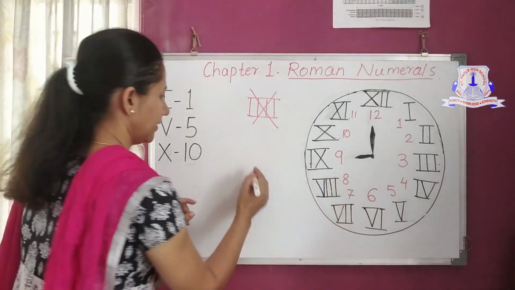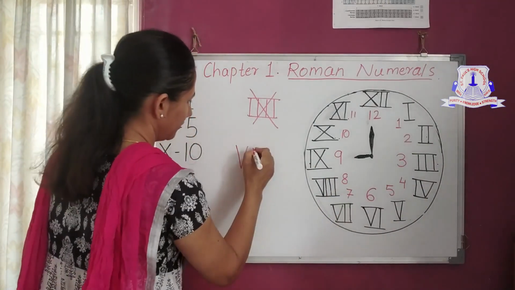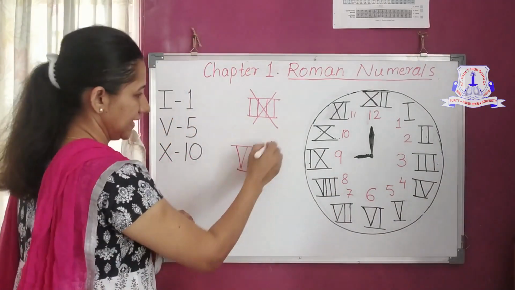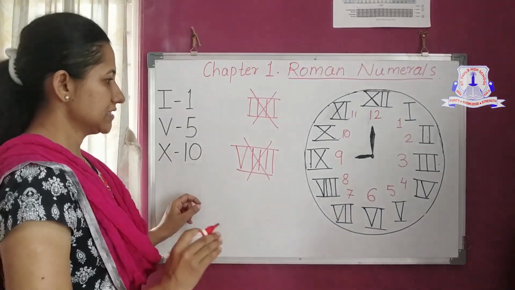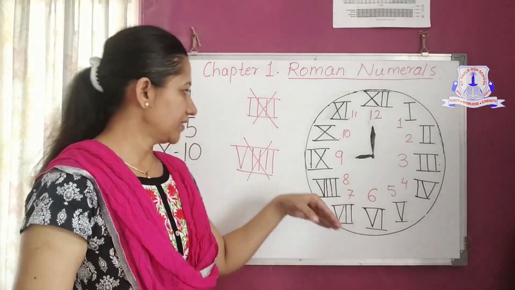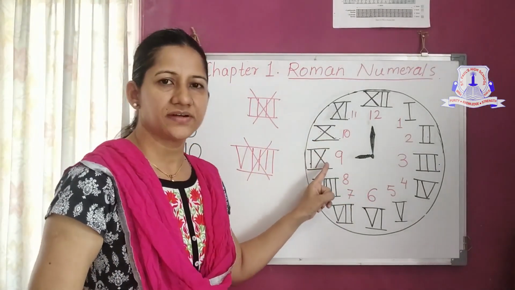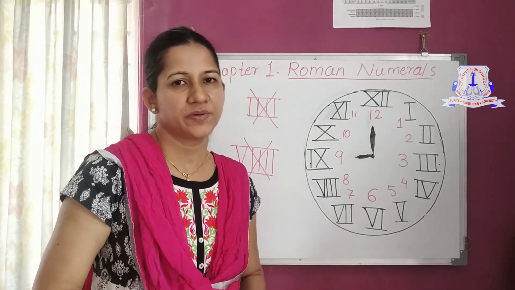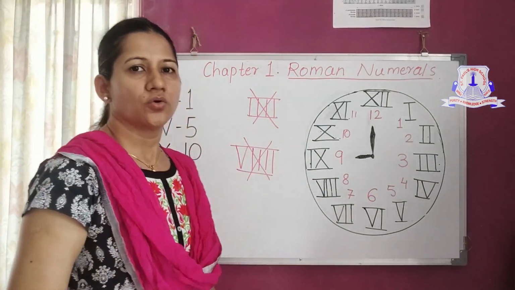But if you say 5 plus four I's represents 9, that will be wrong, because this is only till 3. After that, we will have a different system, which I will explain while explaining the rules to write Roman numerals.